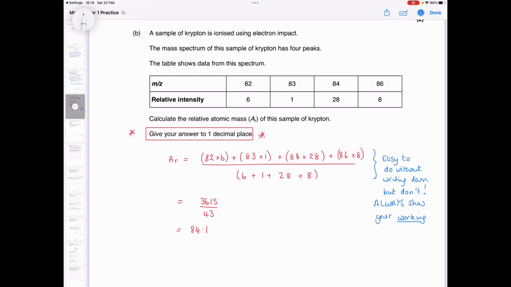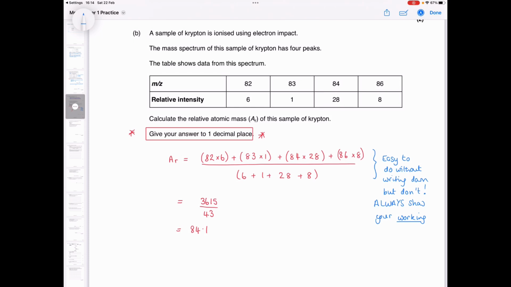If you do make an error in typing it into your calculator, getting your brackets wrong, or typing a number back to front, you will still get at least M1. So always, even if it's really straightforward and simple to type it straight into your calculator, always show your working and you will get credit for that. And second steps, for example, if you've made an error that's obvious to the examiner, like you've swapped a number around, you'll get the error carried forward marks.